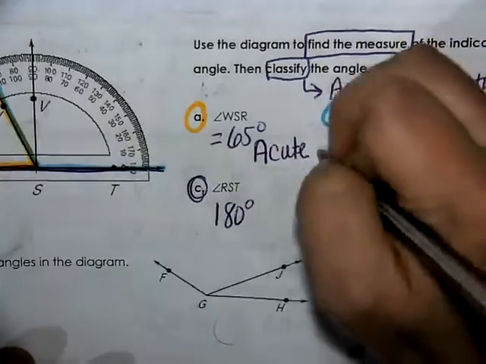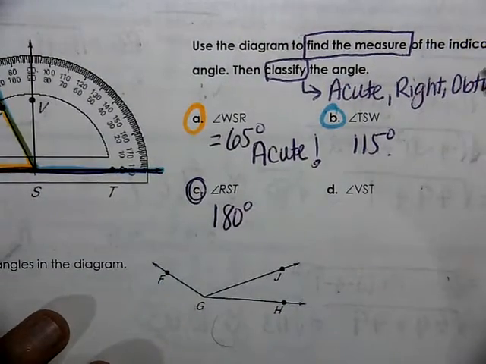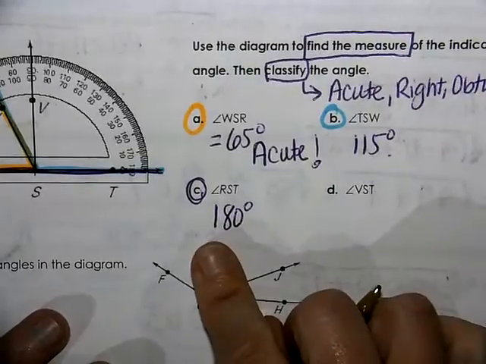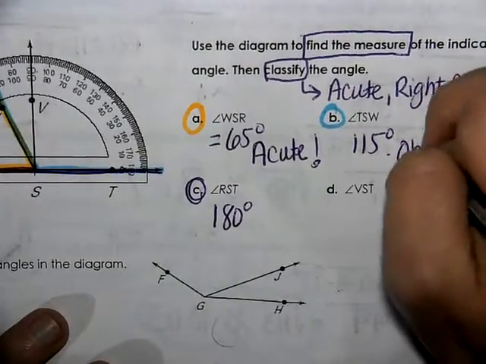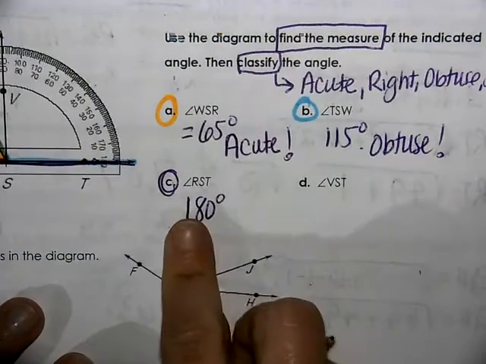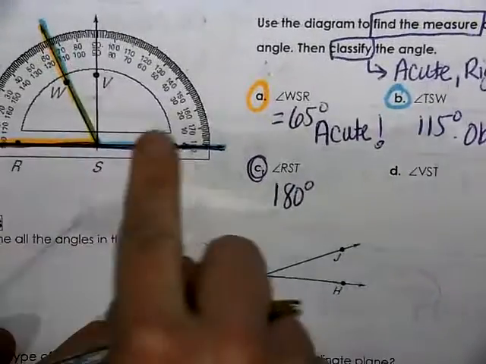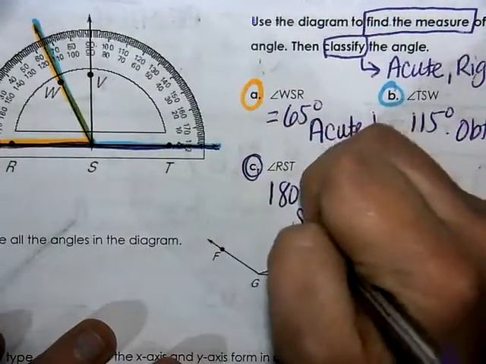Acute angles are so cute. 115 degrees is bigger than 90 degrees, but not as big as 180, so we call that an obtuse angle. 180 degrees, well, that is a straight line, so we call that a straight angle.